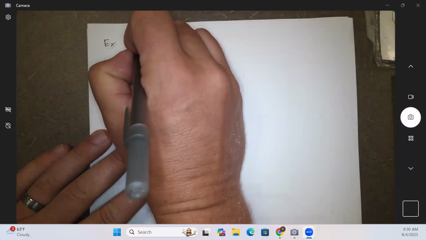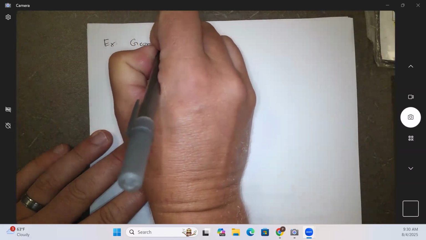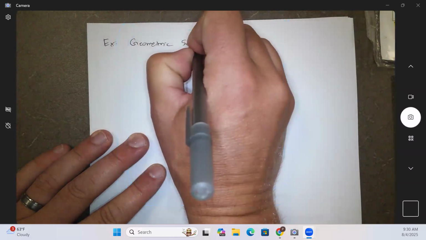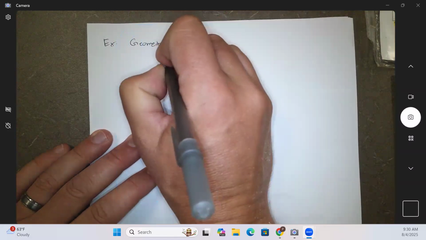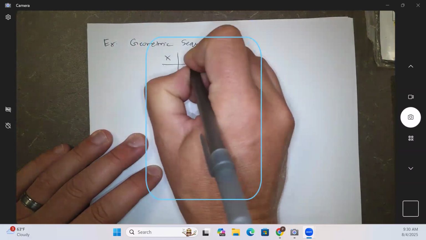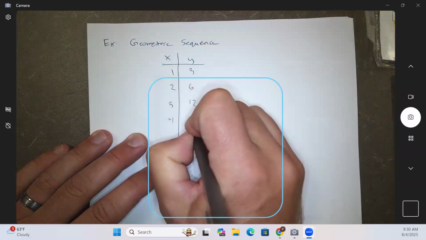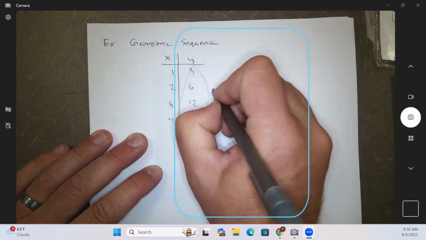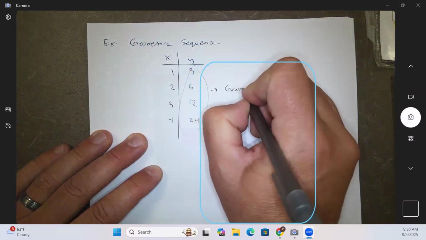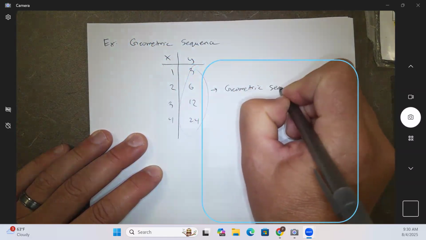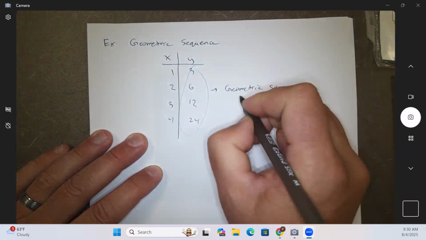The example. Geometric sequence. Three, 6, 12, 24. That's the geometric sequence right there.